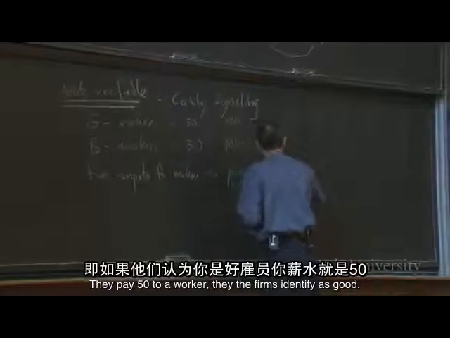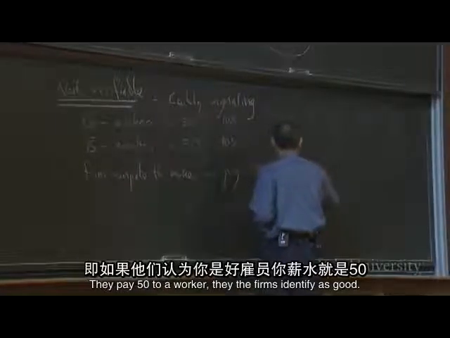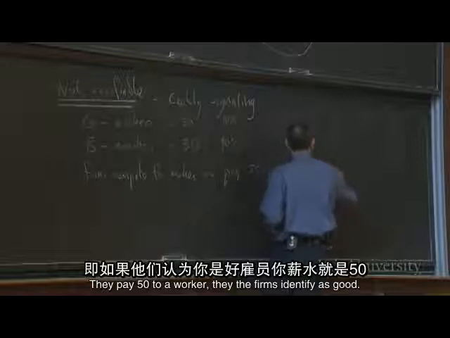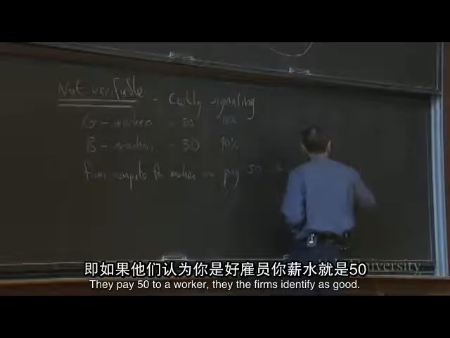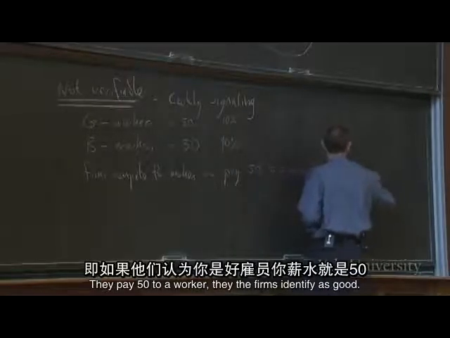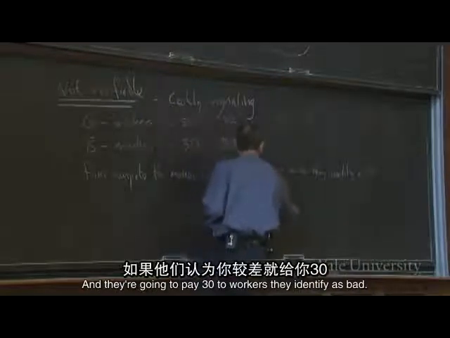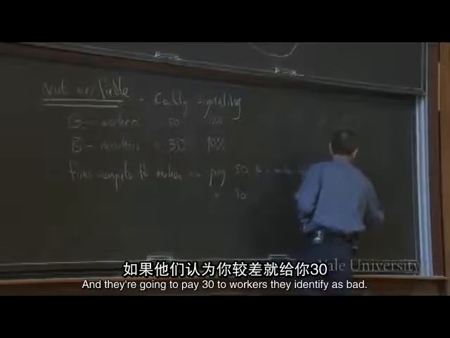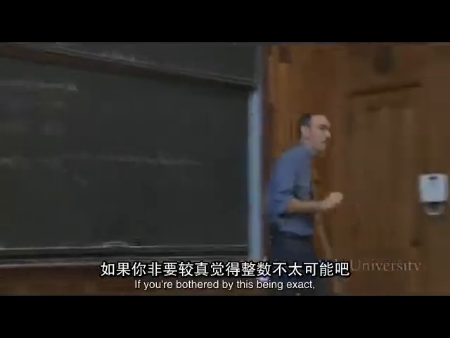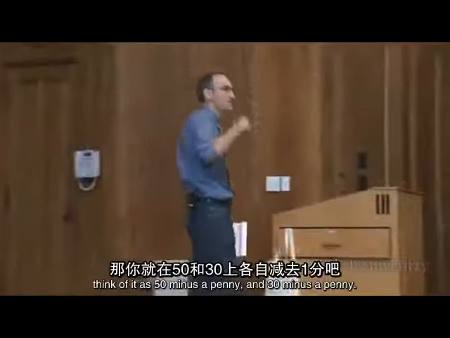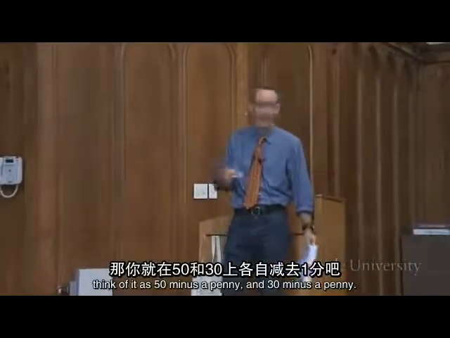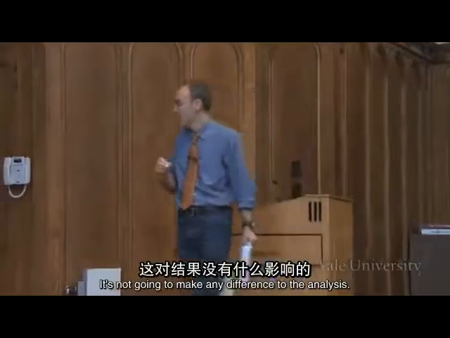They pay 50 to a worker the firms identify as good, and they're going to pay 30 to workers they identify as bad. All right, if you're bothered by this being exact, think of it as 50 minus a penny and 30 minus a penny. It's not going to make any difference to the analysis.